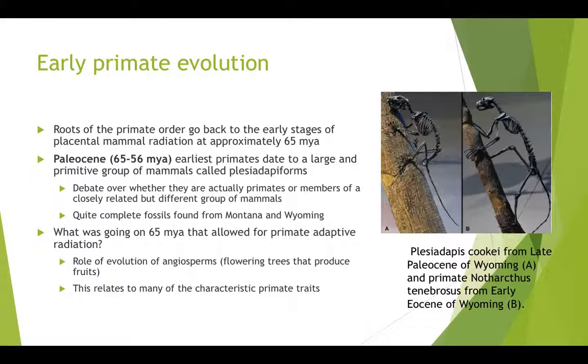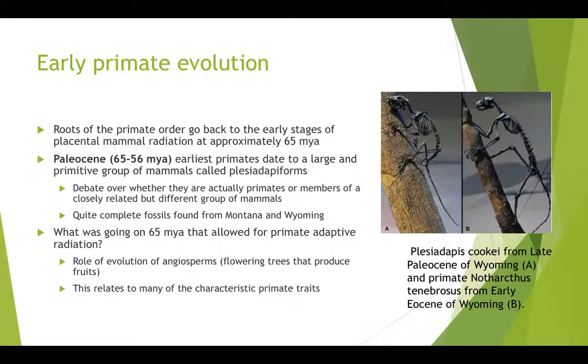Angio means vessels, so angiosperms specifically house their seed in a vessel. They are also known as flowering plants, flowering trees, etc. And the vessel in which that seed occupies is the fruit. So primates evolved and radiated in tandem with plants that produce fruits.